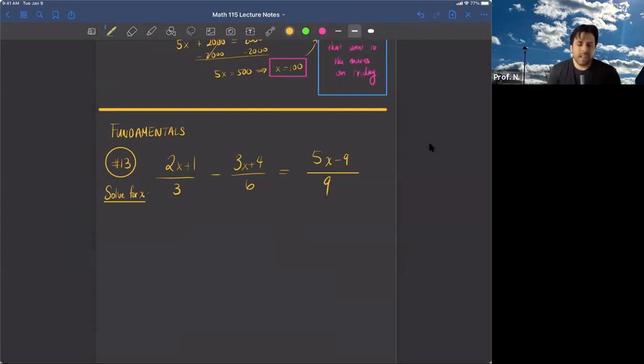There are two ways you can go about this. At the end of the day, I want to get x by itself. At this moment, I have two fractions on the left side and one fraction on the right side.